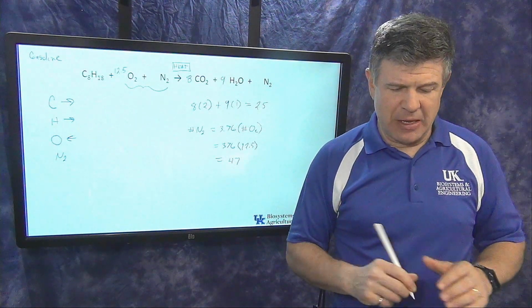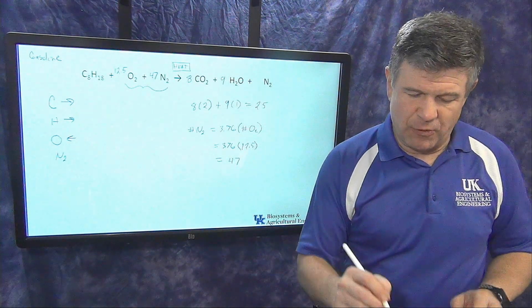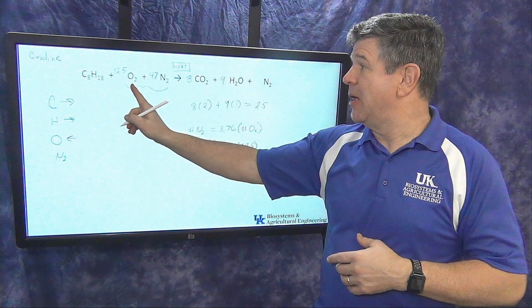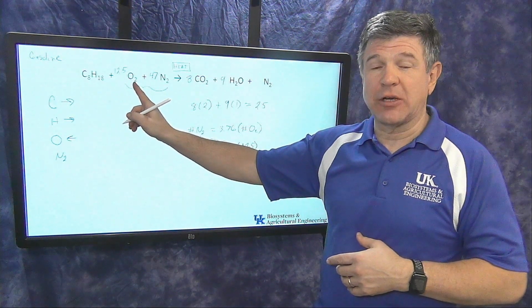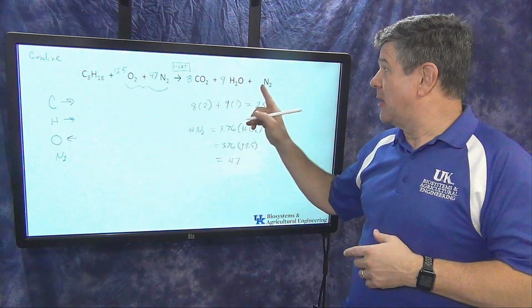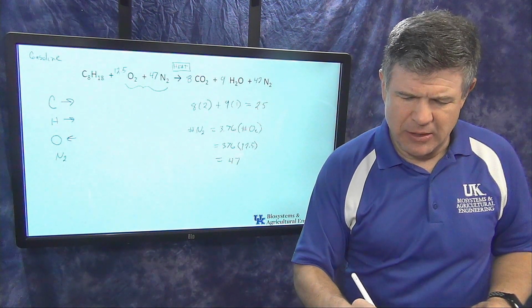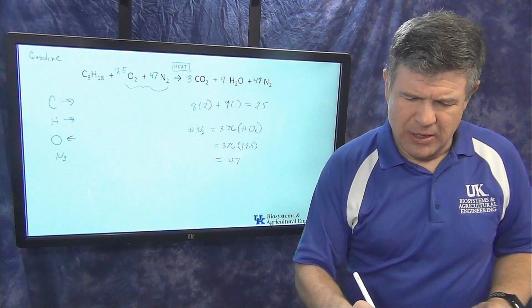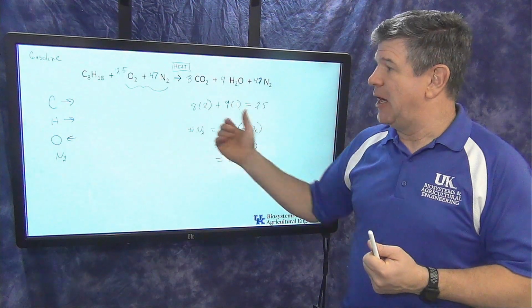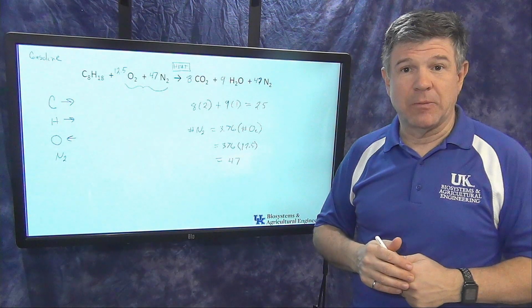So what that's telling me is that I'm going to have 47, I'll write 47 up in the equation, 47 nitrogen molecules that are coming in with the oxygen going into that engine, and hopefully nothing happens to them, and they're going to come out in the exhaust as just 47 N2s, okay, 47. And now my equation is balanced, okay? You see how to do that? So carbons, hydrogens, oxygens going back, then calculate the nitrogens, and we're good to go, okay?